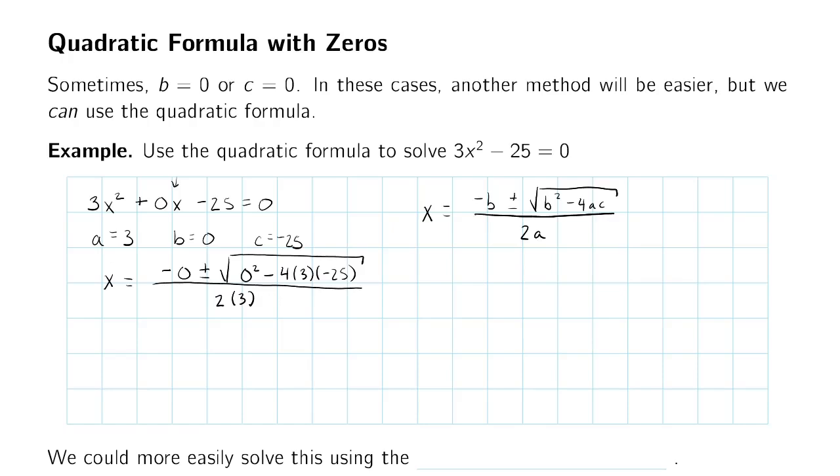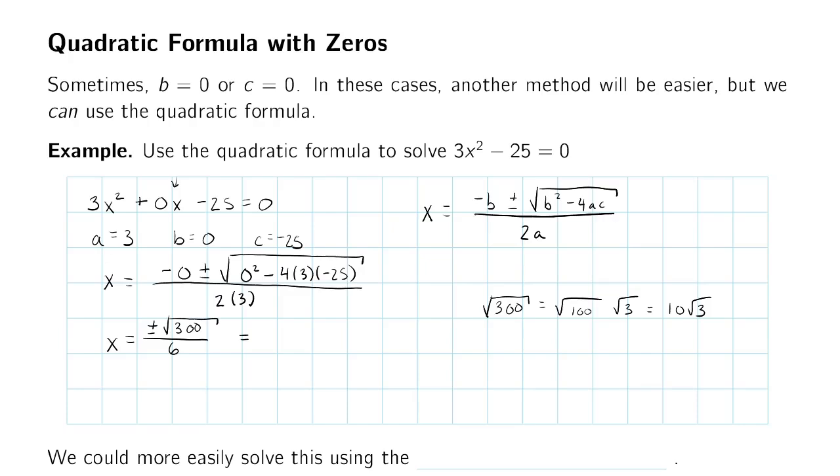So that'll give us x equals plus or minus the square root of 300 all over 6. Now, the square root of 300, that's going to be the square root of 100 times the square root of 3. So that's 10 times the square root of 3.